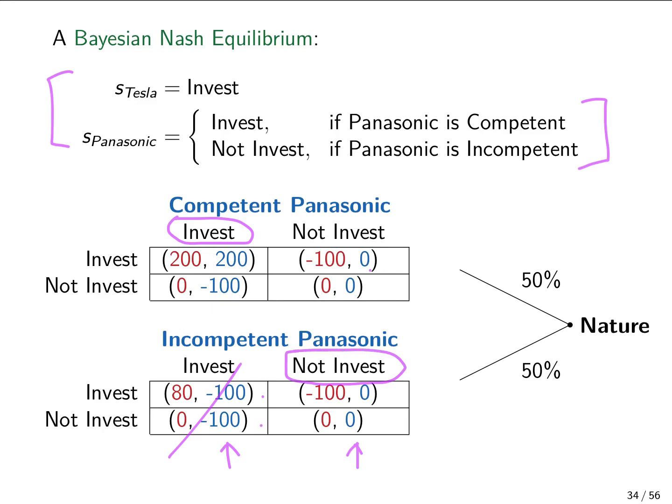So investing for Tesla would give an expected payoff of half times 200, and that's what happens when Panasonic is competent, right? With another 50% chance, Panasonic is not going to be competent, so investing will give minus 100.